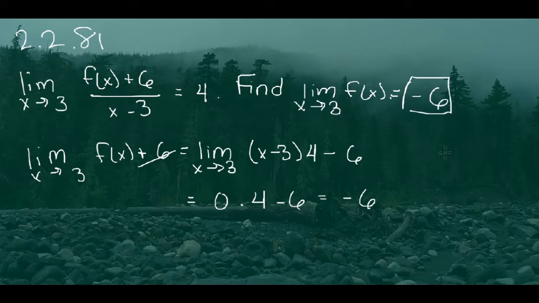Now you'll notice something special about this. The idea is that this value over here on the right, this 4, doesn't really matter what it is. It could have been any constant.